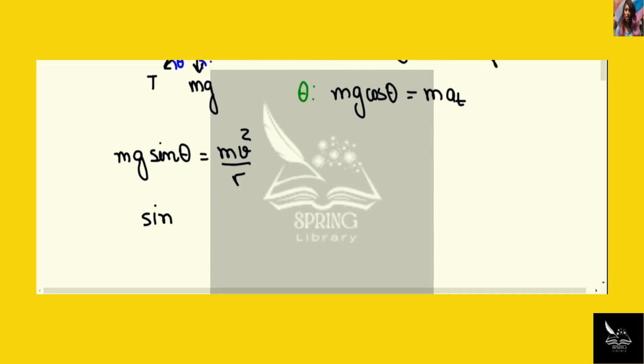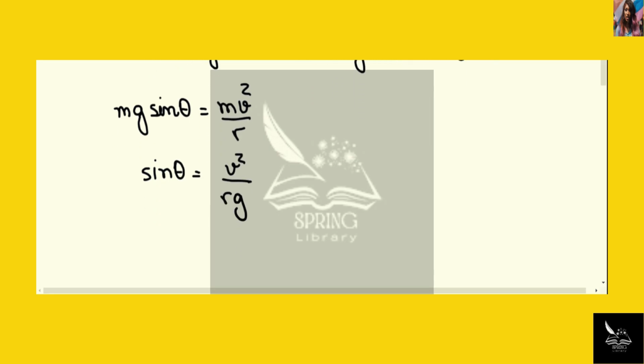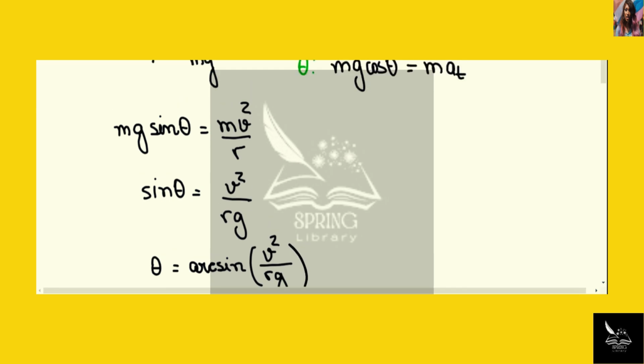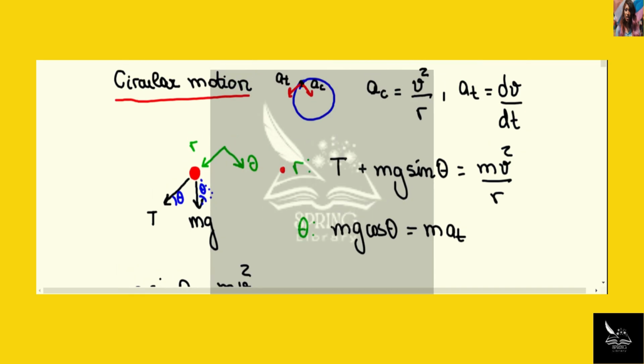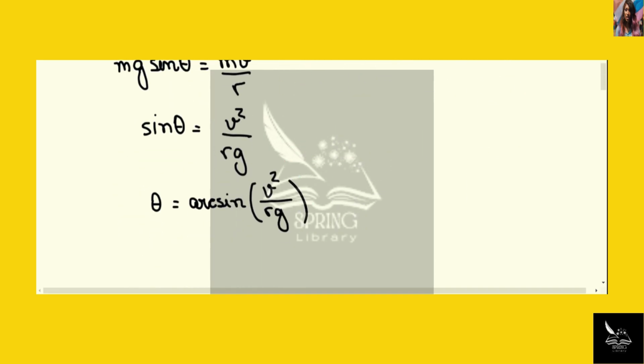So sine of theta is v squared divided by rg, which means that theta is the arc sine of v squared divided by rg. Okay. But notice that we don't know what is the value of v squared when T is equal to 0. So that's something that we have to find.